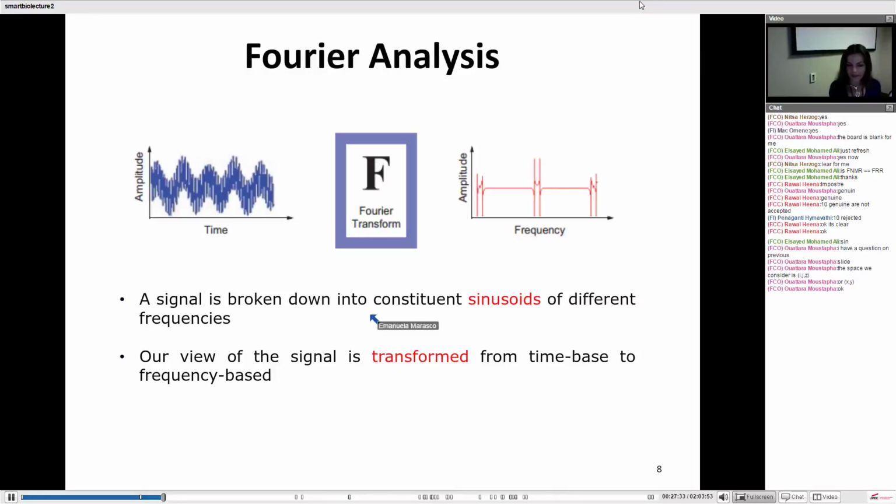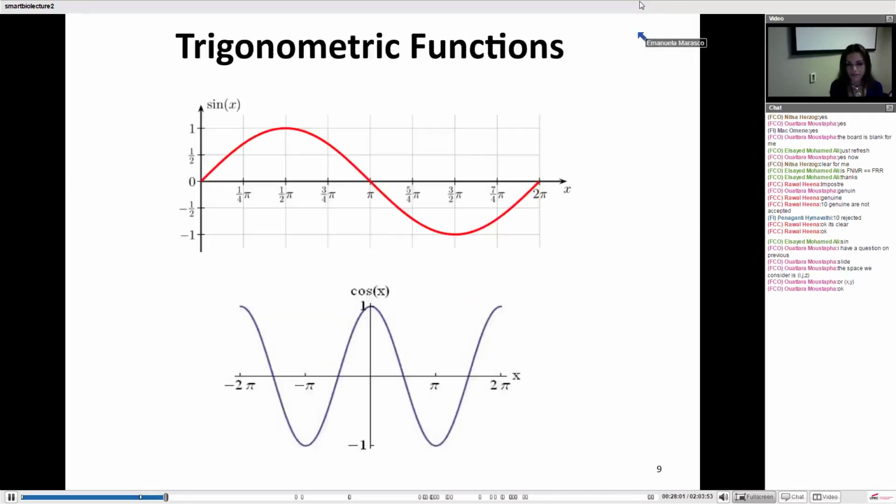And then our view of the signal after this transformation is transformed, as I anticipated, from a time-based domain to the frequency domain. So we don't have a specific frequency associated to the location. We just consider which frequency values are assumed for that specific ridge vector. Right?